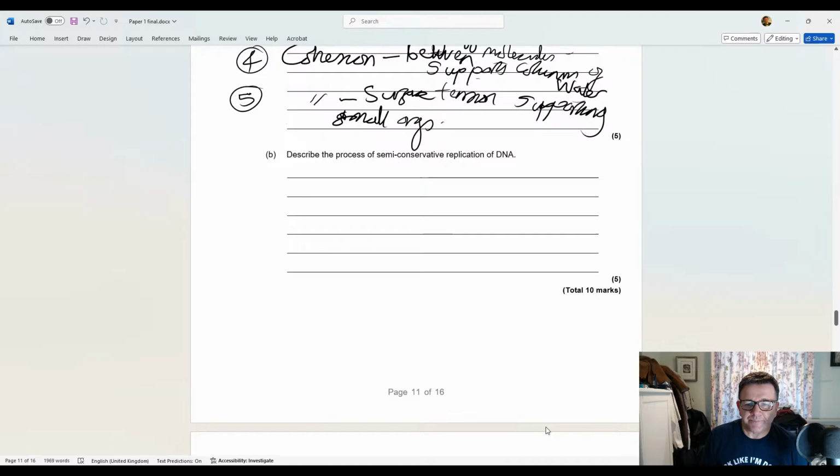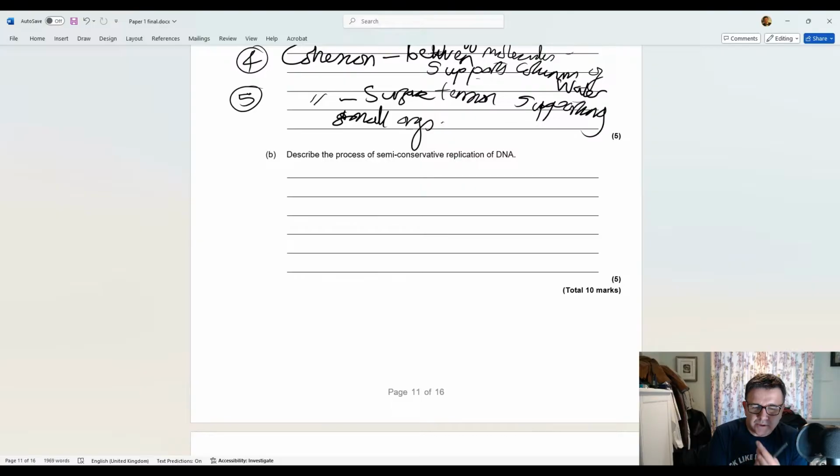So, right, semi-conservative. This is related to obviously knowing what semi-conservative replication is, but also the evidence behind it. So that's the idea of Meselson and Stahl.